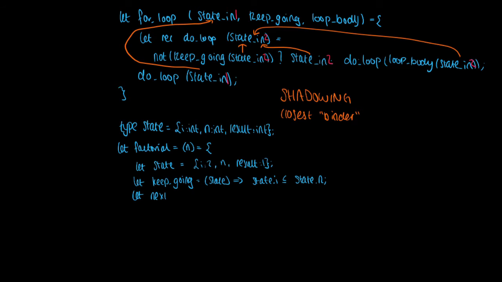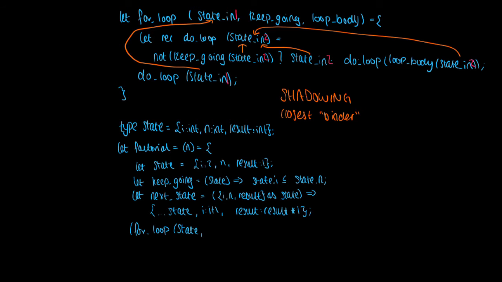A next state function which updates the state with i equal to i plus 1 and result equal to result times i. And finally, we run the for loop using these three values and extract the dot result value.